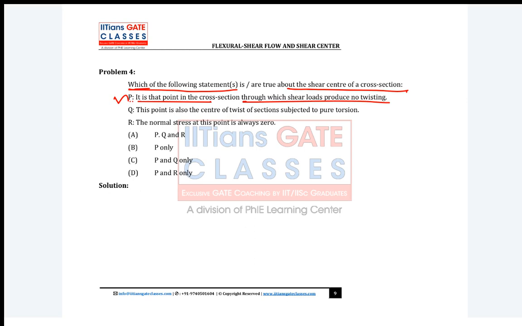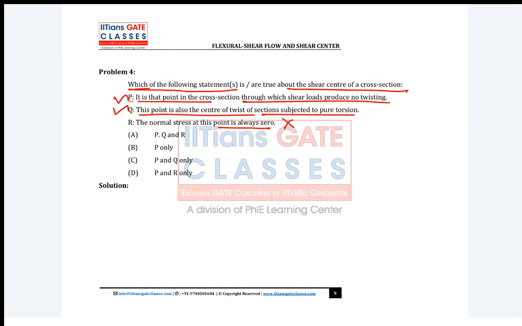Q: This point is also the center of twist of the section subjected to torsion. Yes. R: The normal stress at this point is always zero. No. So what is the correct answer? P is correct, Q is correct. So P and Q.